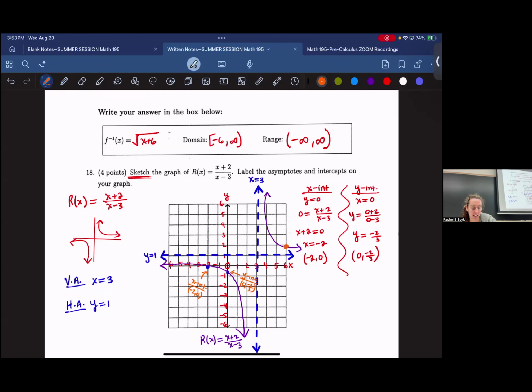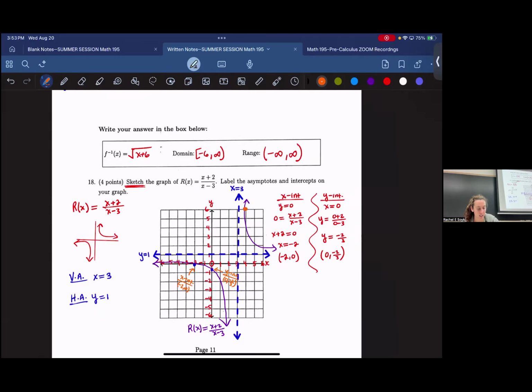Pick good x values that you can divide, and then you can easily plot. Wouldn't it be (4, 6)? Oh yeah, (4, 6). Good.